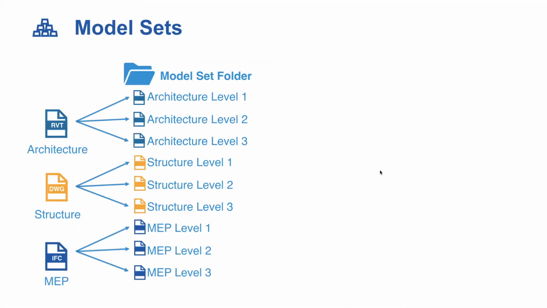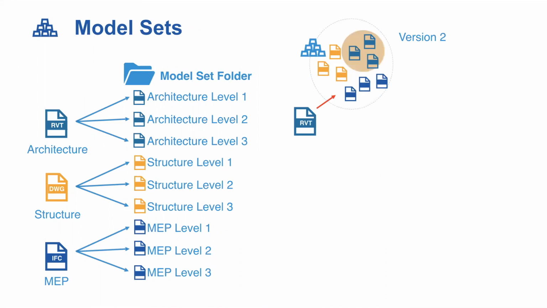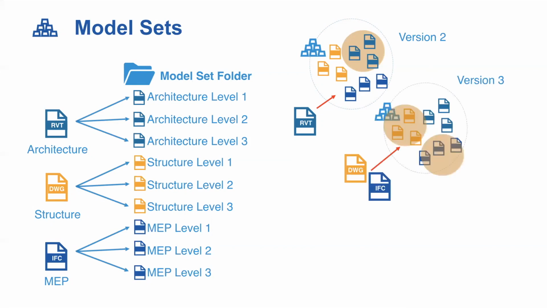For model sets, you can imagine that you upload and aggregate a couple of model versions to the BIM 360 Docs folder: architecture, structure, MEP. It will generate one version of this collection. For the model coordination space, model coordination will check the updates, take a snapshot of one version, and then start the analysis of the clashes. If there are any more updates to this folder and files, it will not check at that moment.